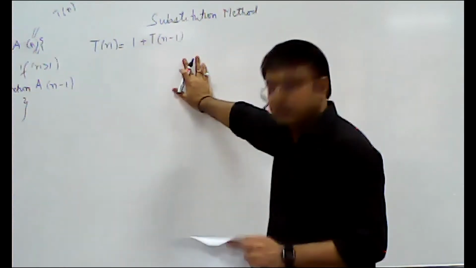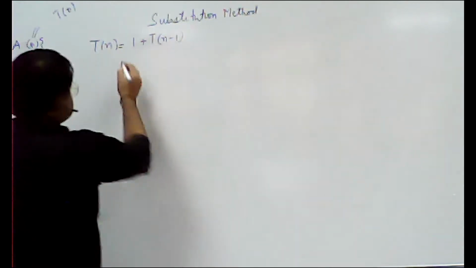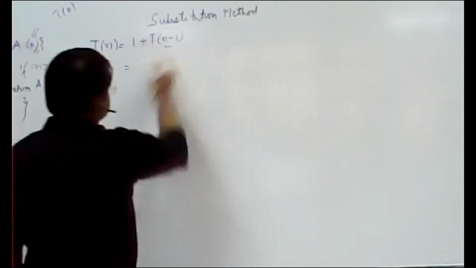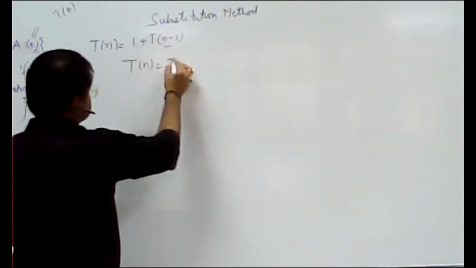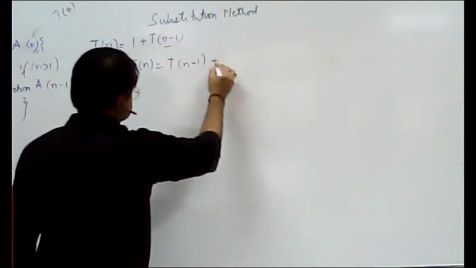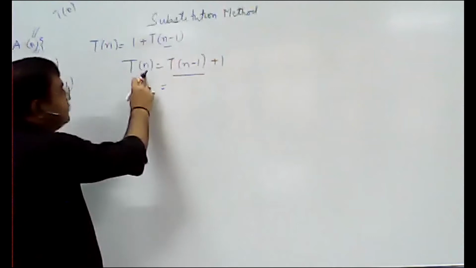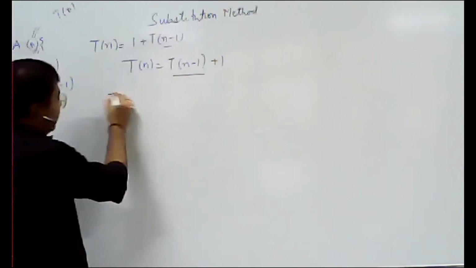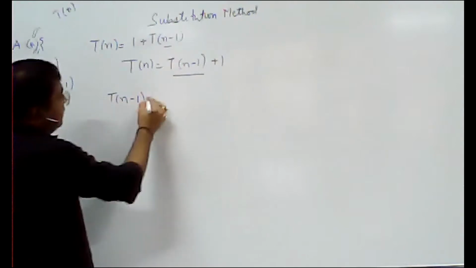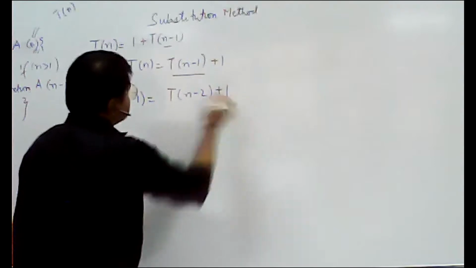Okay, so since we are doing the substitution method, we'll substitute. Let me write it like this. Just expand it. For expanding, in place of n, in the same equation I will write n minus 1. So if I have to find the value of T(n minus 1), I will write T(n minus 2) plus 1.